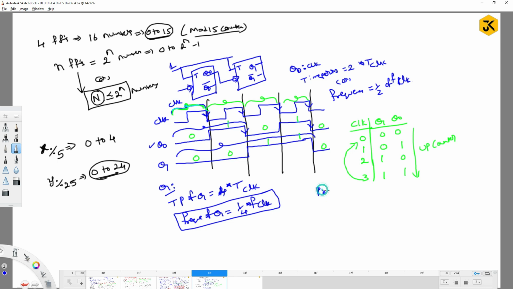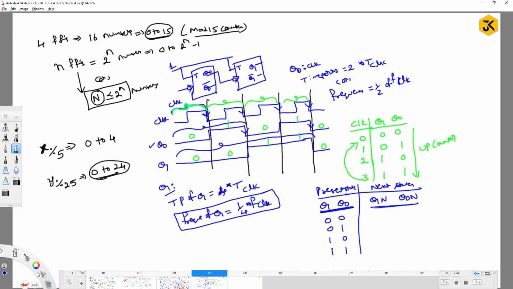So if I say the present states Q1 and Q0, what might be the next states? If somebody asks, what will you do? Let us assume that the present states are 00, 01, 10, 11. What might be the next states? Next states are something like, if I write in some other terminology, Q1 next state, Q0 next state.